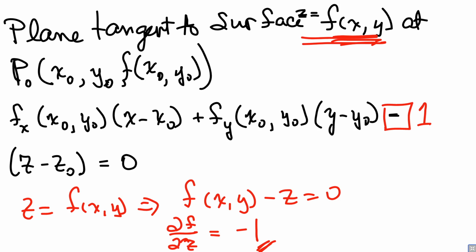Okay. All right. So let's take a look at some examples and show you how this is going to work. Our first example, we have our function defined as x squared plus y squared minus z squared is equal to 18.